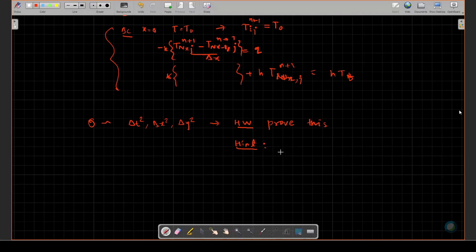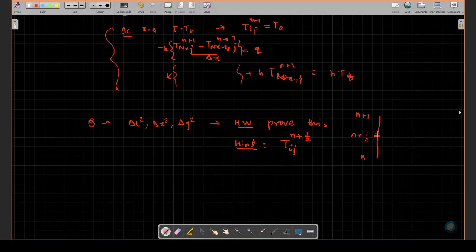The hint is that you have to choose T_ij at n plus half. Suppose you have this n level, and this is the n plus 1 level. In between there will be an n plus half level.